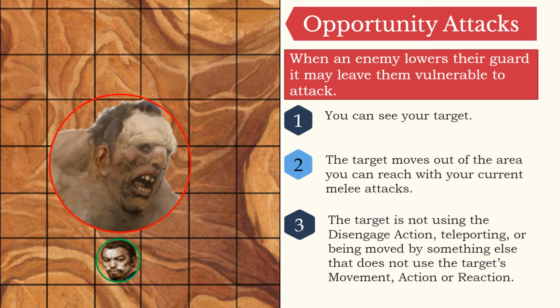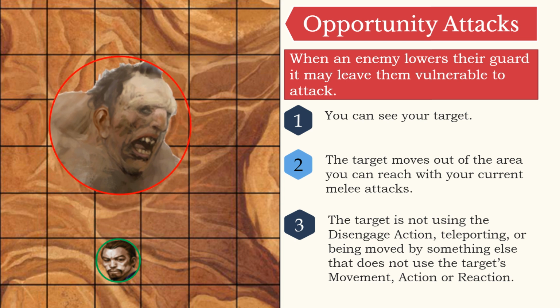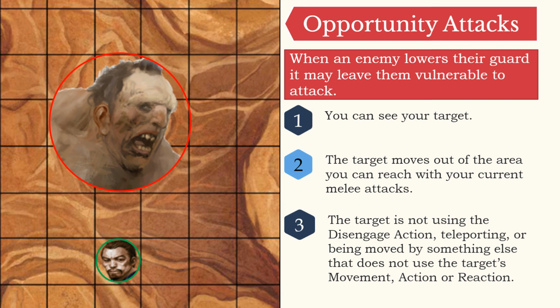First, Quinn is wielding a longsword and is engaged in combat with a hill giant. The hill giant spends its movement to walk 30 feet away from him. Does this provoke an opportunity attack? Well, let's check the 3 criteria. First, we'll assume the area is well lit and the hill giant isn't invisible, so we'll say yes, Quinn can see it.